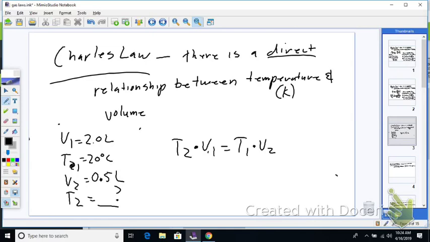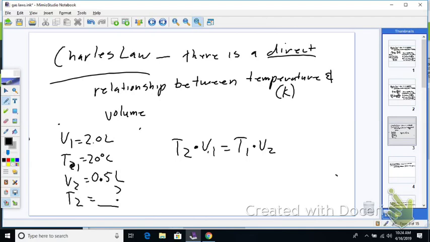Before you do this, there's something you have to do to one of these numbers on the left side before you can plug it into your equation. What do you think you have to do? Convert Celsius. You have to every time, because if you don't, what happens?